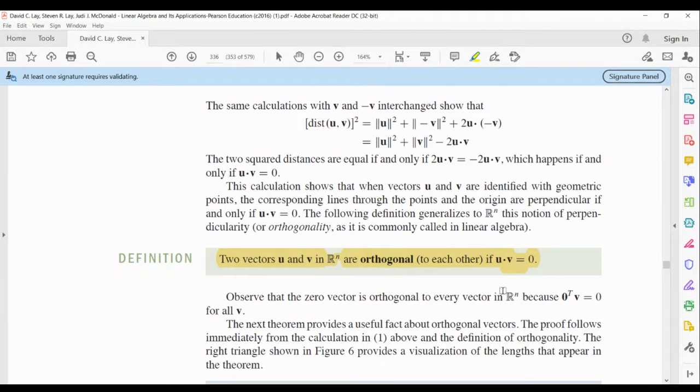Now, they gave a little proof above why it's true, but I'll just give you a little example. An example is sometimes worth 1,000 words. So let's say for instance, I'll draw two vectors here.